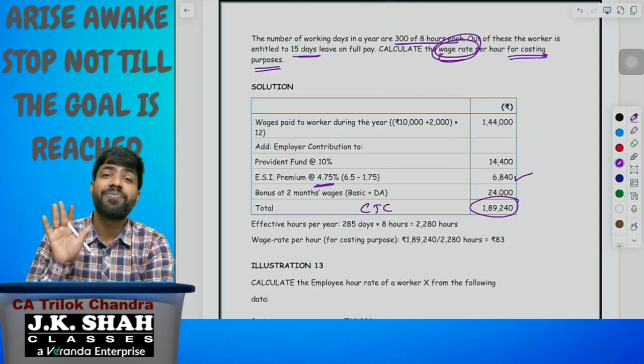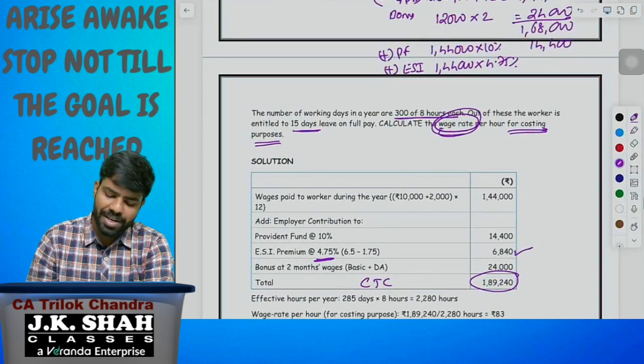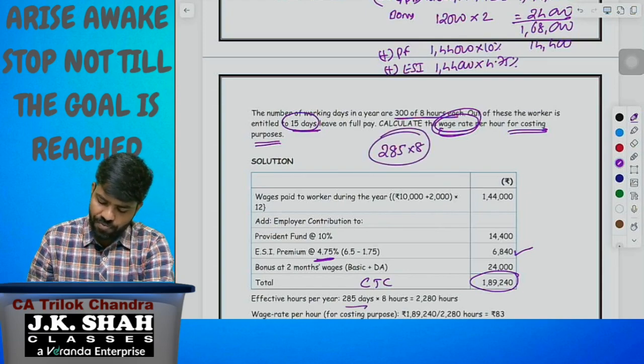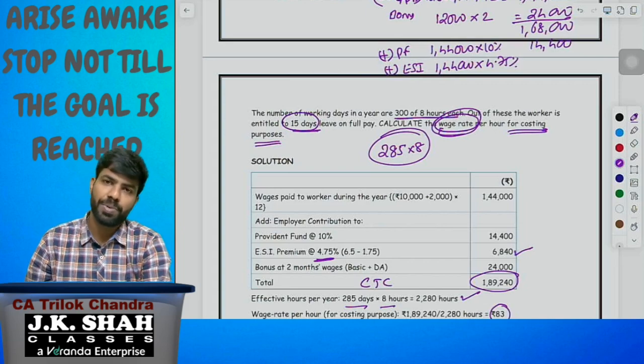CTC divided by hours worked. Total working days is 300 of 8 hours each. Out of which worker is entitled to 15 days leave on full pay. So 300 minus 15, totally he is working only 285 days into 8 hours. 285 into 8 hours, 2,280. 1,89,240 divided by 2,280 will be 83 rupees.